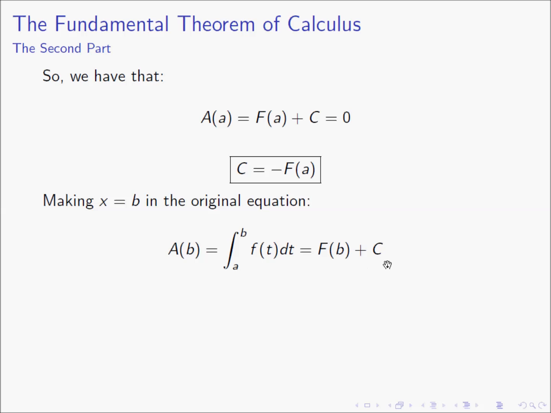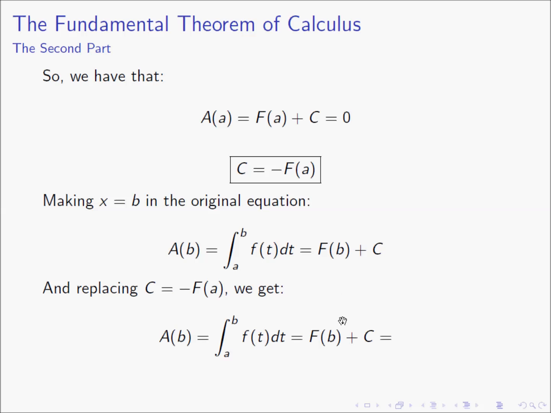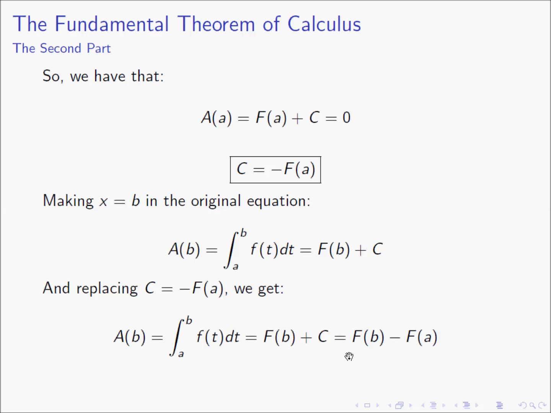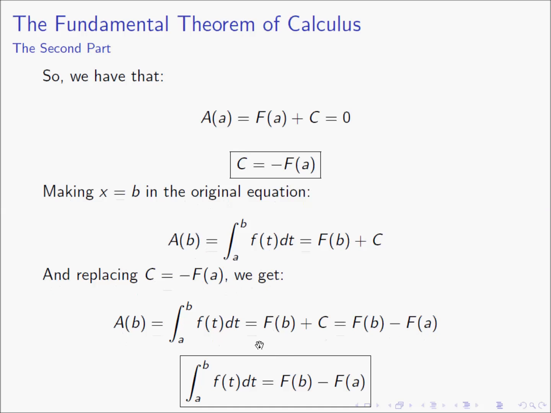So now here we have c again, but here we have another expression for c. So let's replace that. If we replace c by minus F of a, we get this equation. And here we have an expression for the integral. We have that the integral from a to b of f of t dt equals F of b minus F of a.